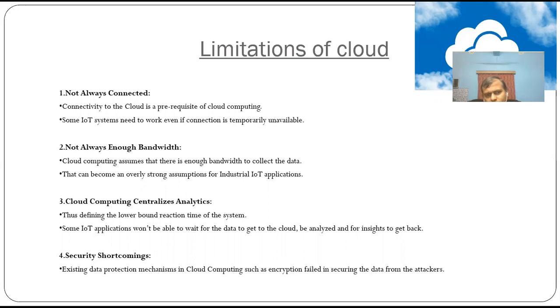Connectivity to the cloud is a prerequisite for efficient cloud computing services to take place. And some IoT systems need to work even if connection is temporarily unavailable. That means in the IoT domain, cloud computing does bring about certain difficulties.